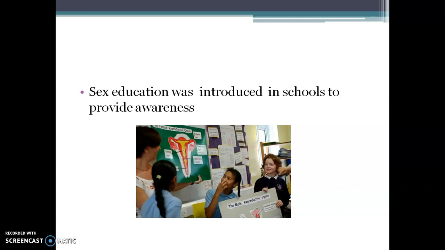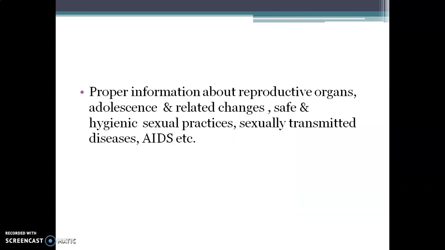Okay, so it helps to study about the reproductive organs, and it helps to eradicate different types of myths and the influence of peers among them. Then proper information about reproductive organs, adolescence and related changes, safe and hygienic sexual practices, sexually transmitted diseases, AIDS should be included in the sex education of children.